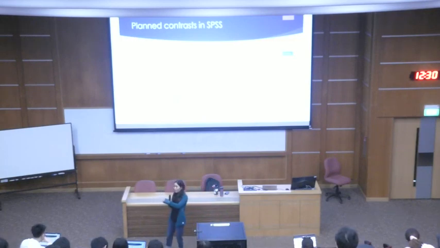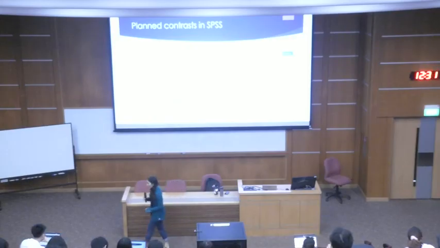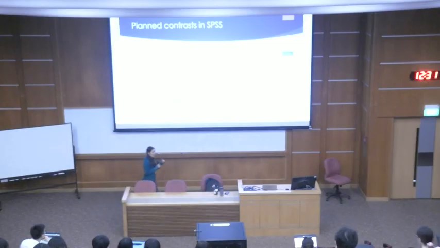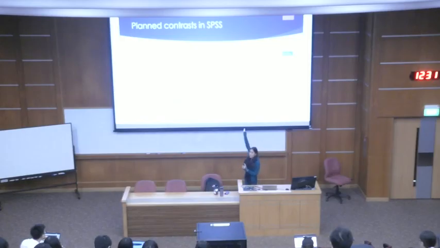And there's a specific order here. It goes control, beginning, and end. So when I put my weights into SPSS, it's going to correspond to the way in which I labeled my variable here. I'm going to enter minus 2, 1, and 1. This corresponds exactly to the groups and how they're ordered.